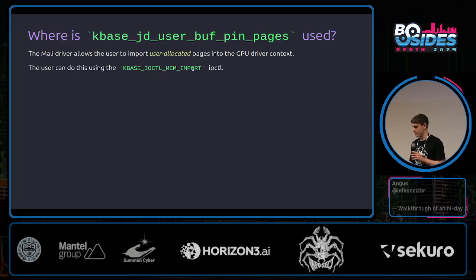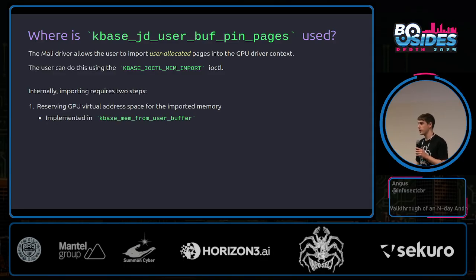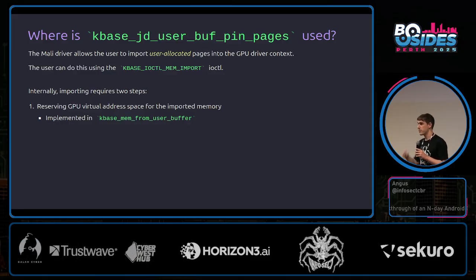This is done with yet another ioctl called kbase_ioctl_mem_import. Internally, when you go to import some memory, it requires two separate steps. The first step is we need to reserve some GPU virtual address space for that memory when we import it into the GPU. We have to reserve it so that if someone else goes to allocate some GPU virtual address space in the meantime, it doesn't clobber it.